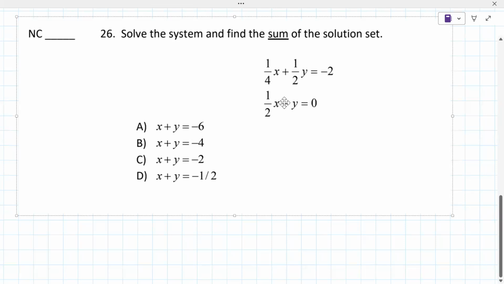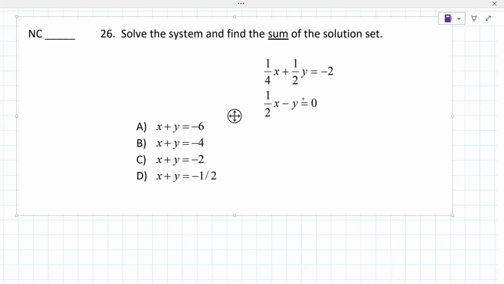Or I would just solve the second equation for y and use substitution. Or I would clear the fractions of both equations and then reset and figure out what I wanted.